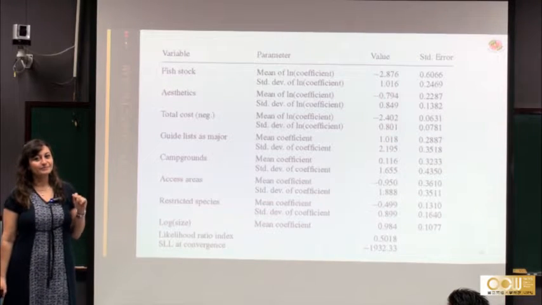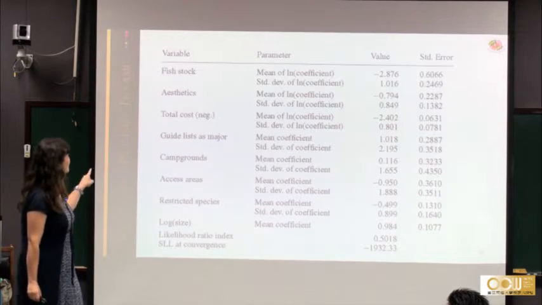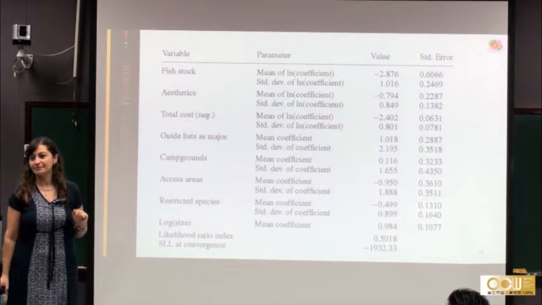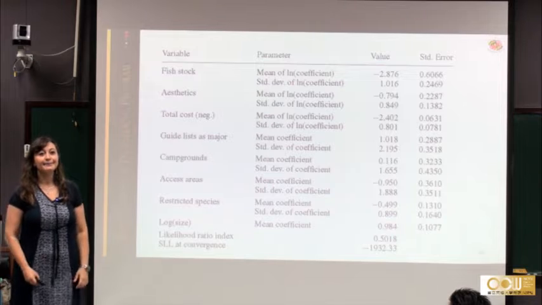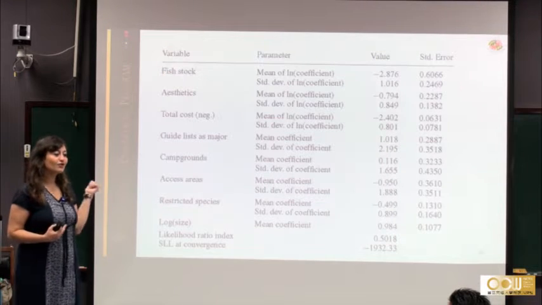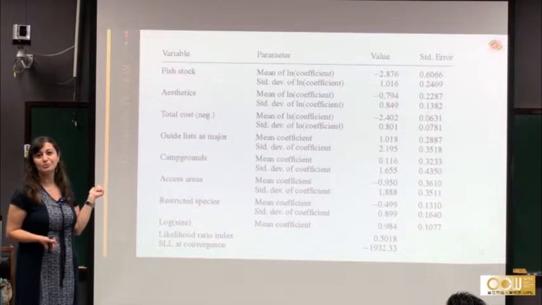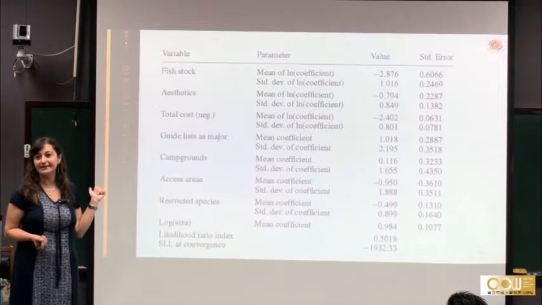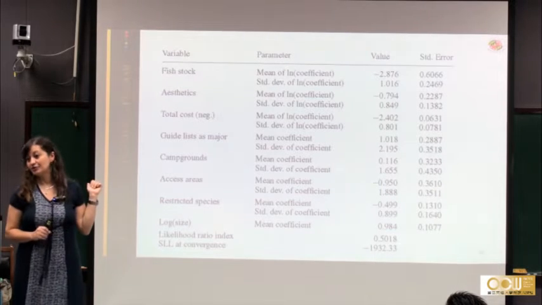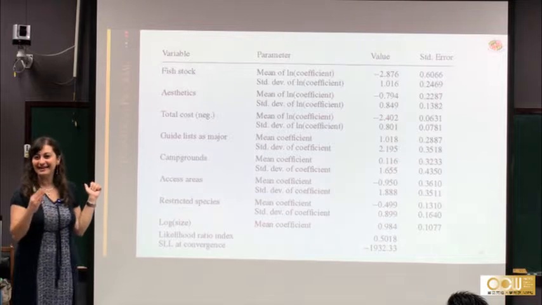So before you do that, for example, you see here there are no socioeconomic variables. I think before you start to estimate this random coefficient model, try to separate the deterministic heterogeneity.